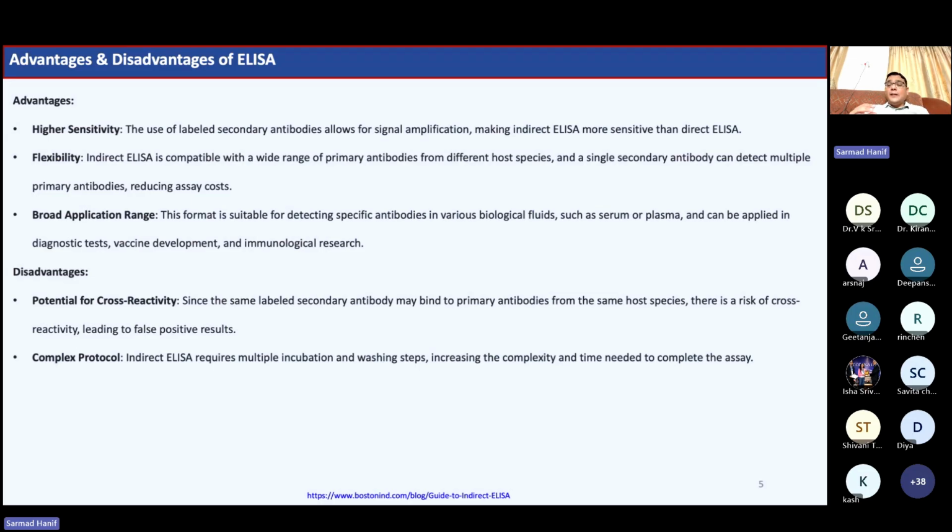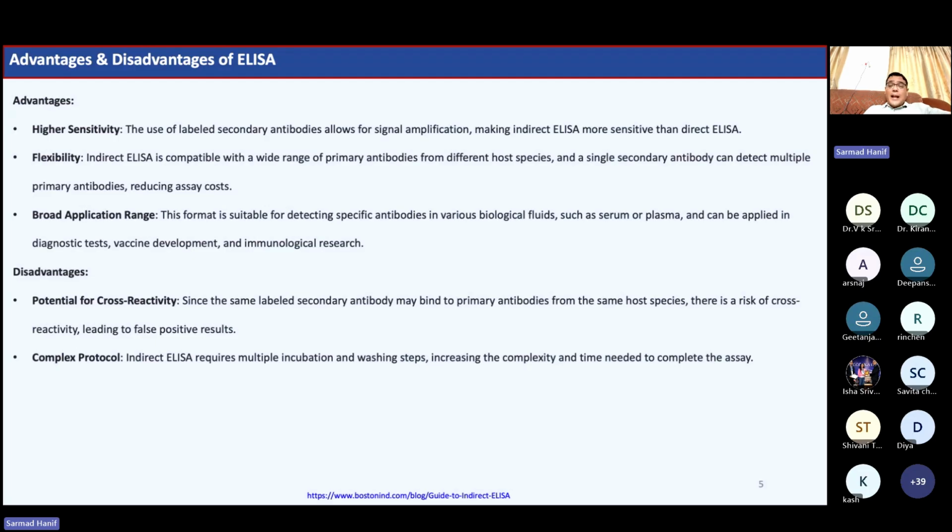The same single secondary antibody can be used for the other infectious disease in another ELISA method, as it will be similar for the mouse primary antibodies. So that is why it has flexibility. And then we have the broad application range, which says that this format is suitable for detecting specific antibodies in various biological fluids.